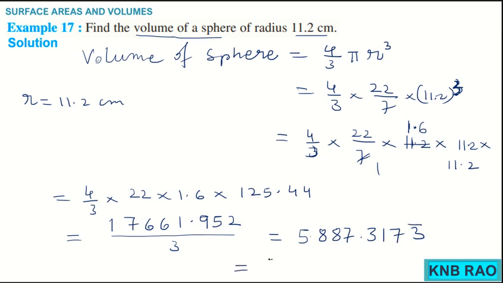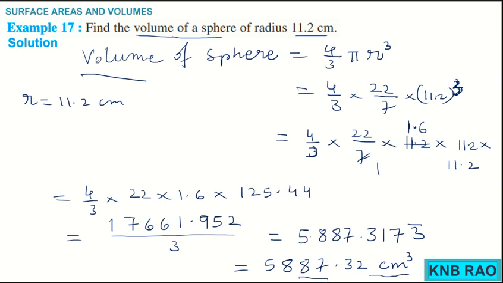So, approximately it is 5887.3, corrected to 2 decimal places, centimeter cube, because it's volume and the units of volume will be centimeter cube. Okay, this is how we do it.